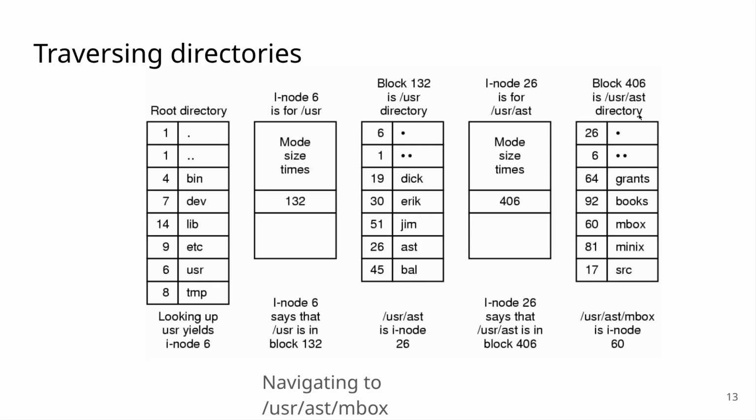We find another directory entry, but this time we also find the final name that we're looking for, mbox, and it has inode 60. So after that, we go to inode 60, and in here we have one or multiple blocks.